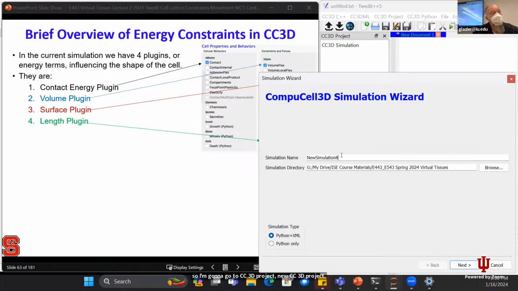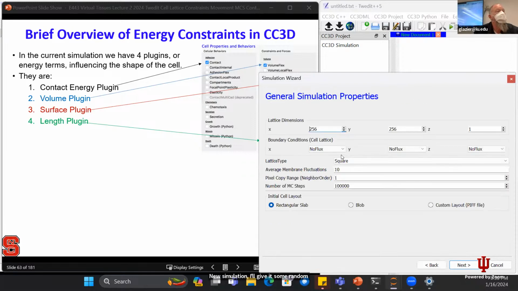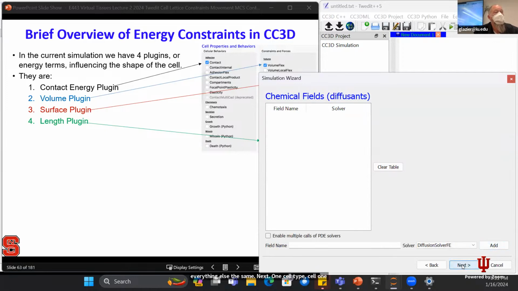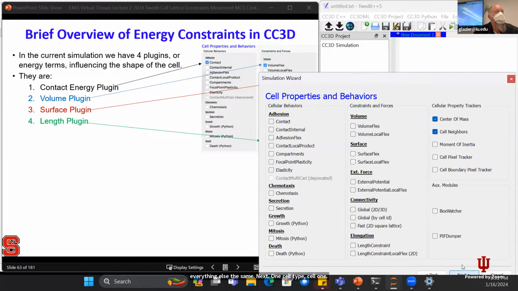I'll give it some random number for myself, 8. General simulation properties, rectangular slab, everything else the same. Next. 1 cell type, cell 1. Add. Next. No chemical fields. Next. And now I hit contact. That's the only one I did before. Volume flex. I'm going to actually add surface flex and length constraint.